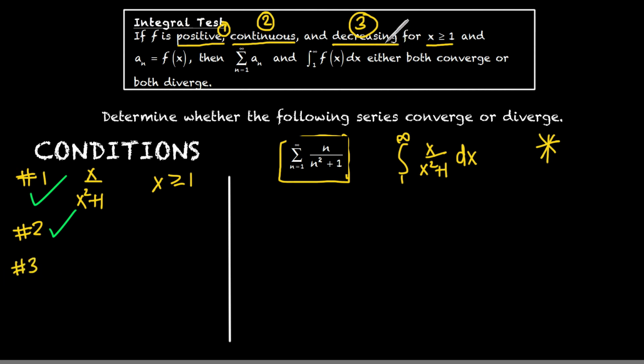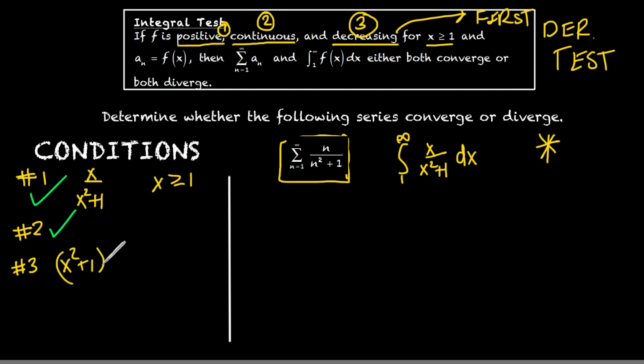And for this, you're going to want to do the first derivative test. So we're going to use the quotient rule, and we're going to do the bottom times the derivative of the top minus the top times the derivative of the bottom, all of that over the bottom squared.